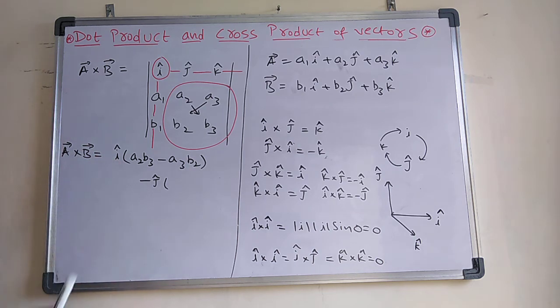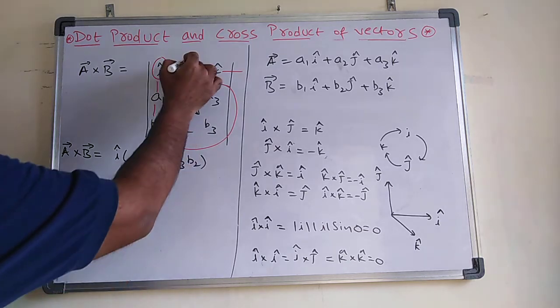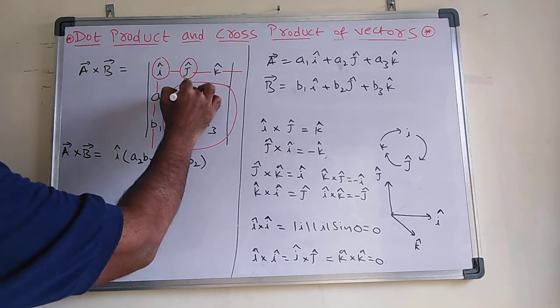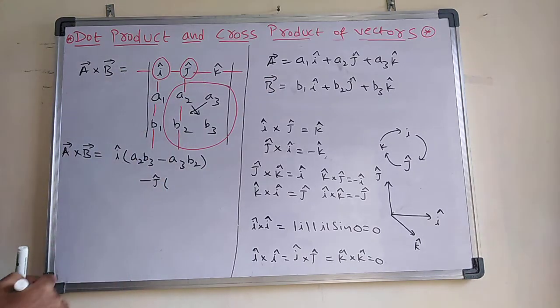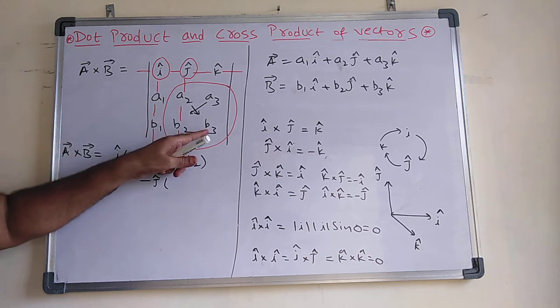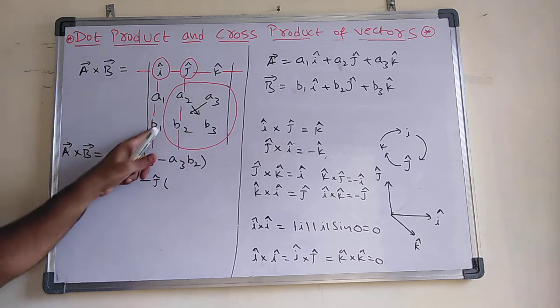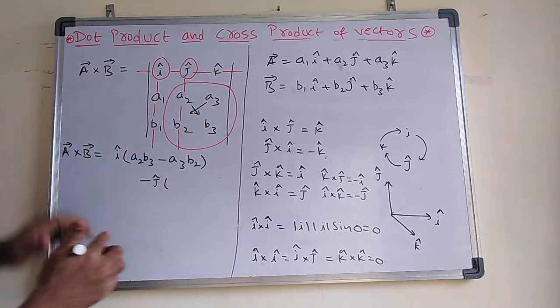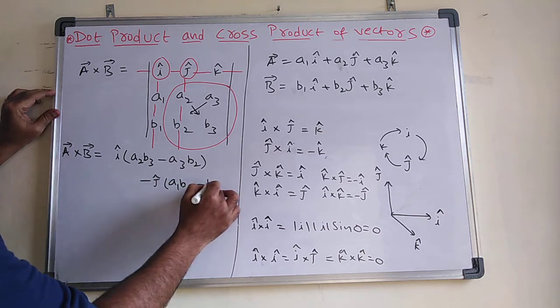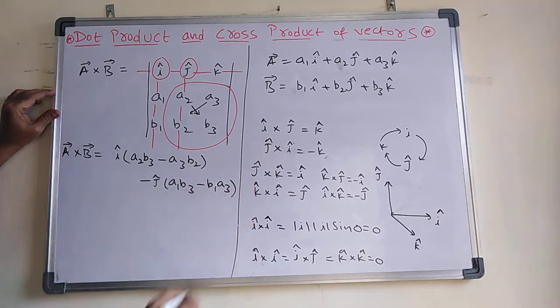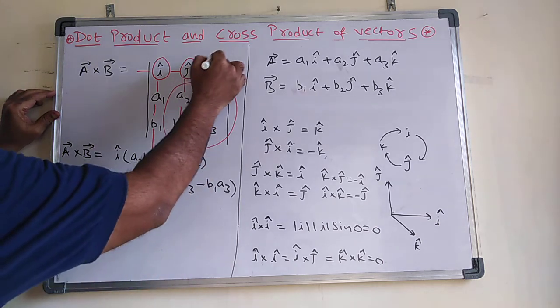When you are choosing this j cap, forget about its row and column, and you will get a1b3 and b1a3, that is ad minus bc, so a1b3 minus b1a3. Next you take the k cap.